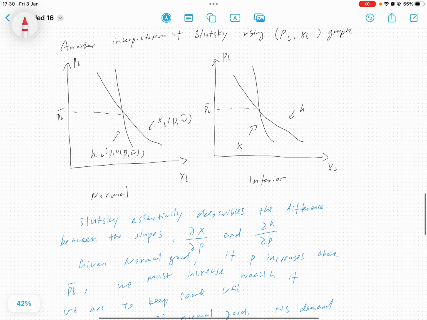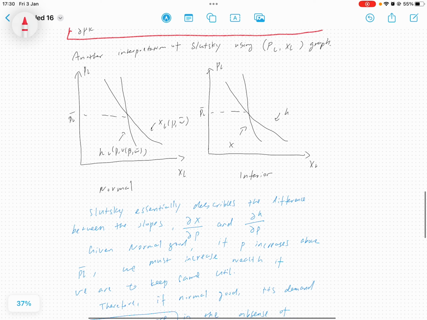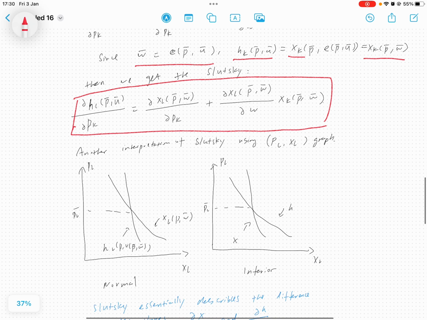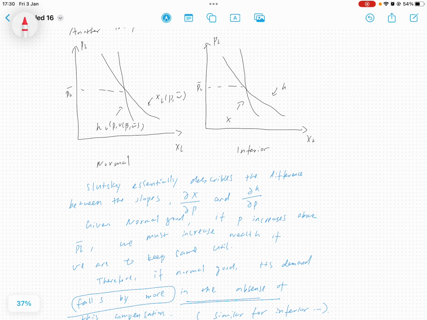Okay, so let's have a look at the left-hand side first. Essentially, this kind of interpretation addresses the difference between the slopes. Remember that in the Slutsky equation, those are essentially just some slopes, which are the X function with respect to P, and the H function with respect to P. Okay, so we have the same thing here, right?